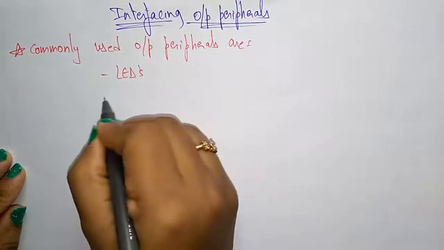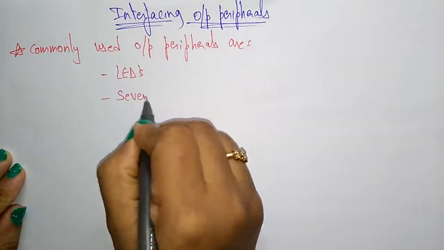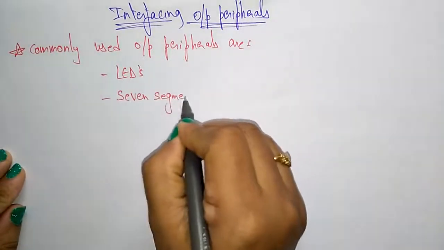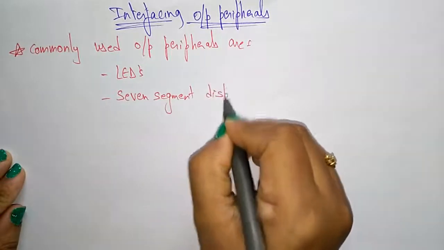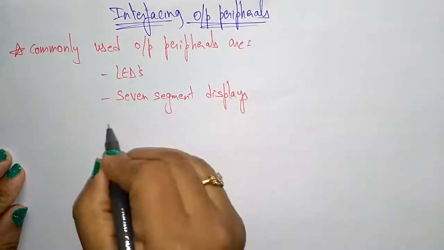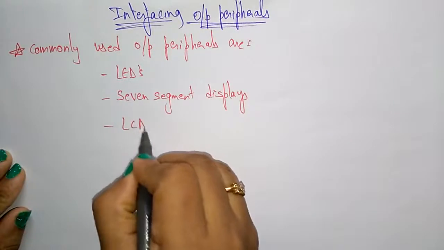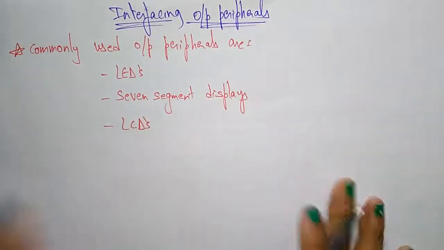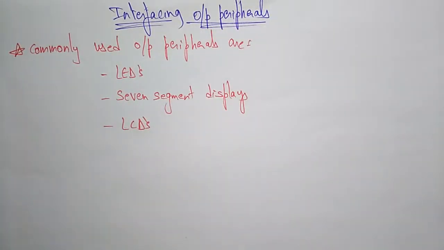LEDs, 7-segment displays and LCDs. So these are the commonly used output peripherals.